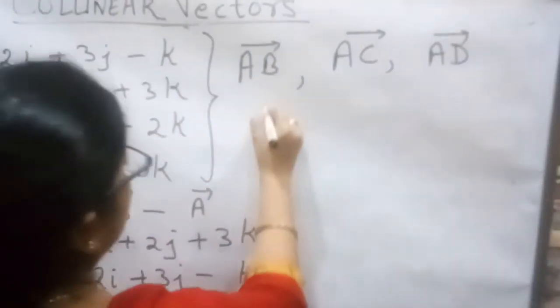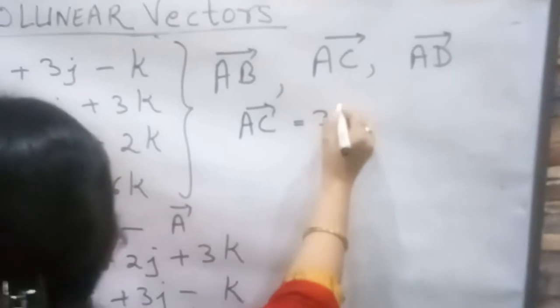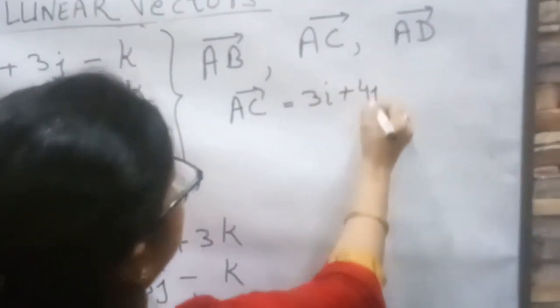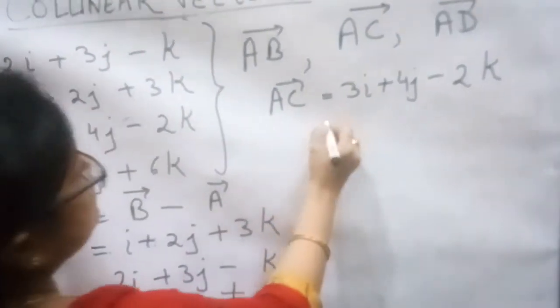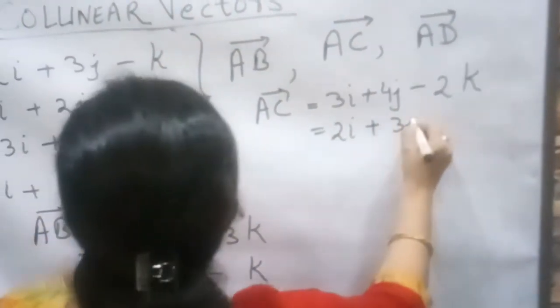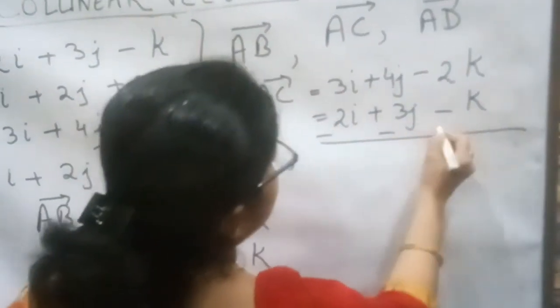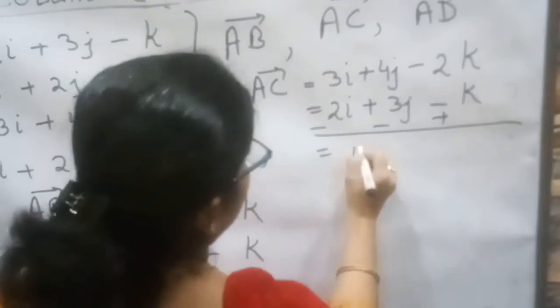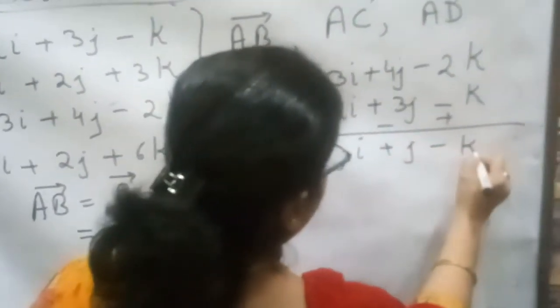Similarly we find the other vectors. Now AC: the C vector is 3i plus 4j minus 2k, and the second one is 2i plus 3j minus k. We got the answer i plus j minus k.